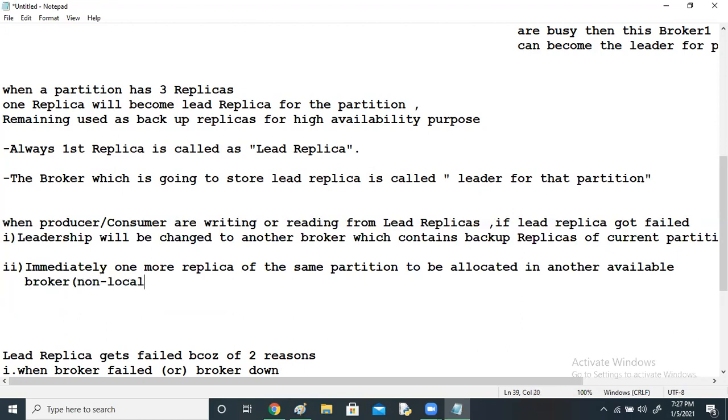Non-local means the broker which is not containing the P1 replica.